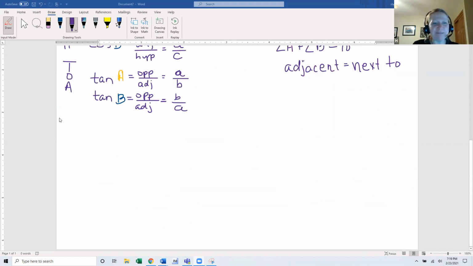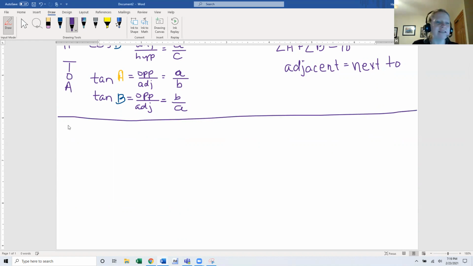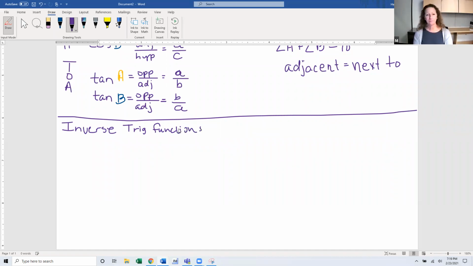All right. The last piece of the toolbox is what are called the inverse functions. This essentially means that this is our reverse.